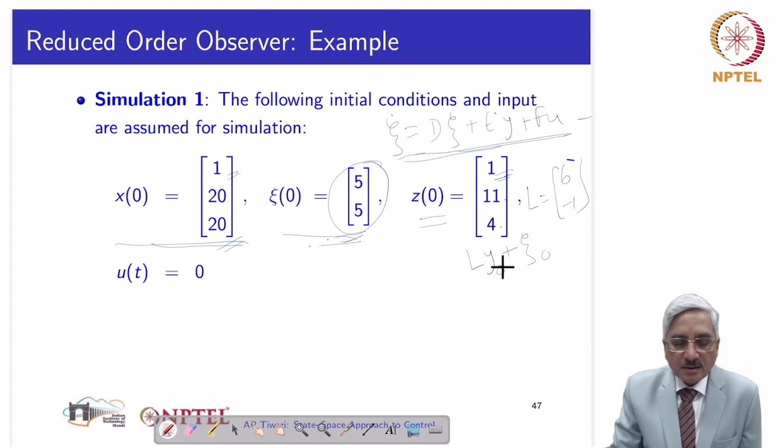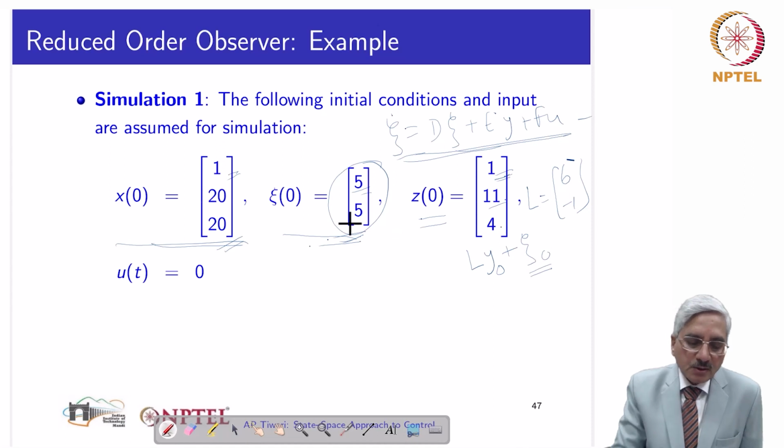So L into y0 is 1, so minus 6. And xi0 is 5. So that gives 11. And 5 and 4, that gives 1. 5 and 1, that gives 4.